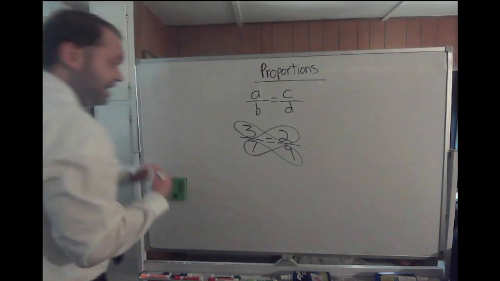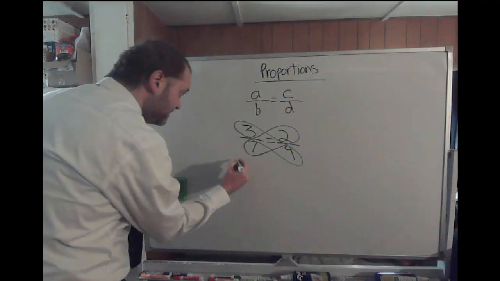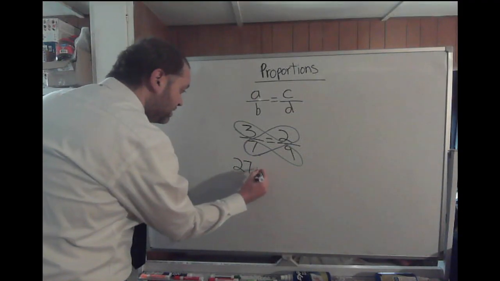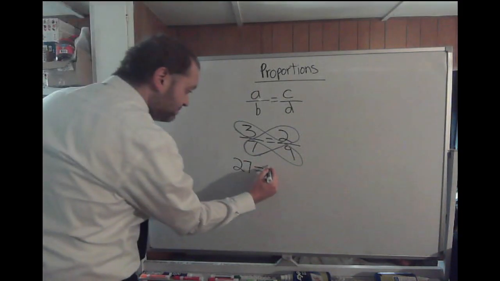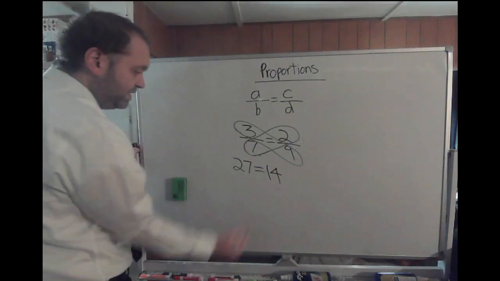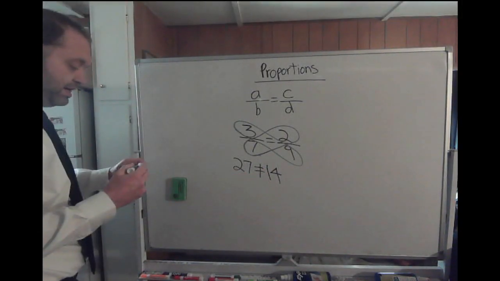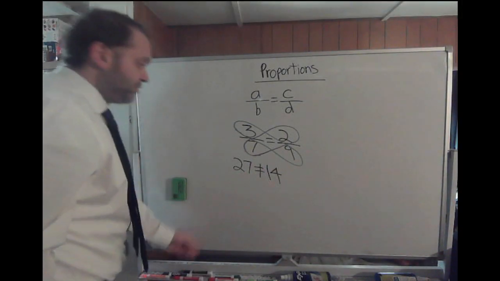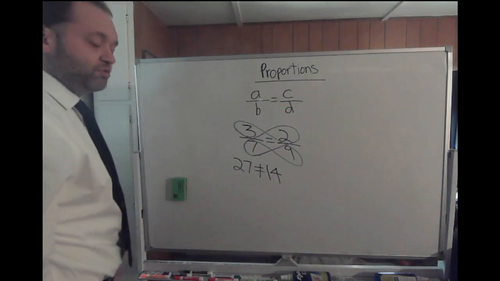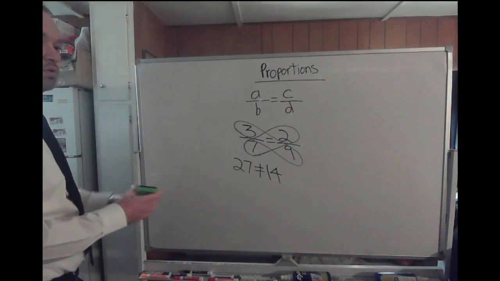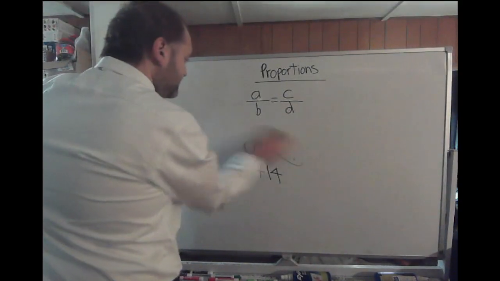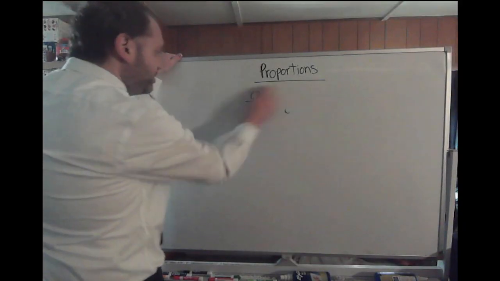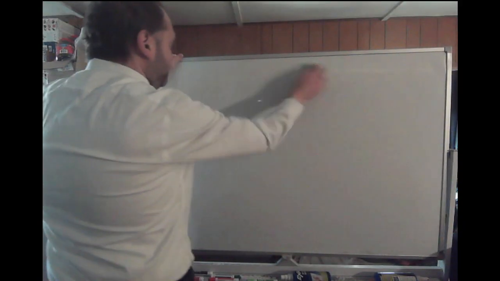So then what you would have is 3 times 9 is 27. You would set that equal to 7 times 2, which is 14. Well, 27 and 14 definitely are not equal. So 3/7 and 2/9 are not a true proportion because they're not equal. So that's how you would check to see if two ratios are in fact in proportion or not.